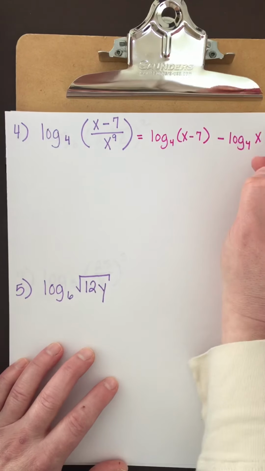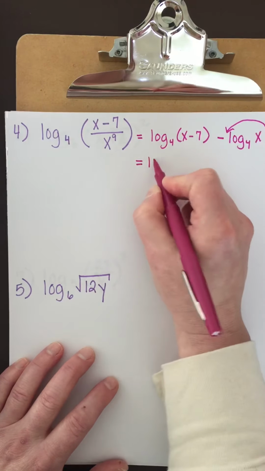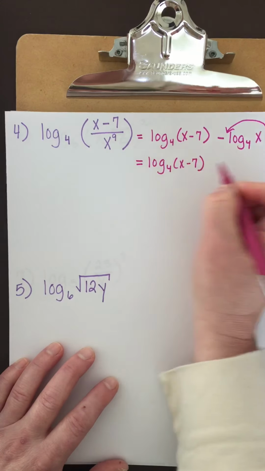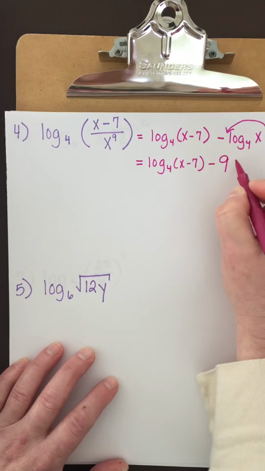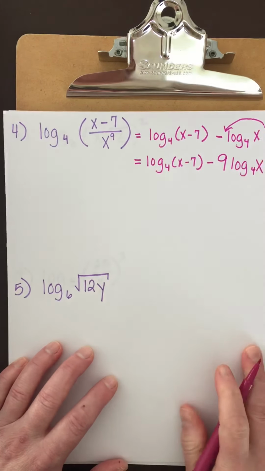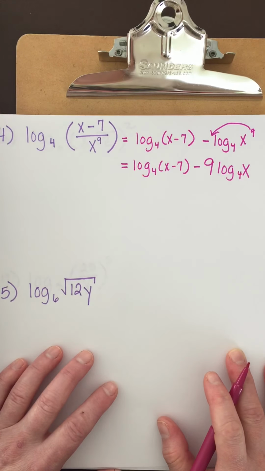All right, this has a power, so I'm going to use the power rule and move it out front. So this would be the log base 4 of x minus 7 minus 9 times the log base 4 of x. And I can't simplify that anymore, so I am finished.